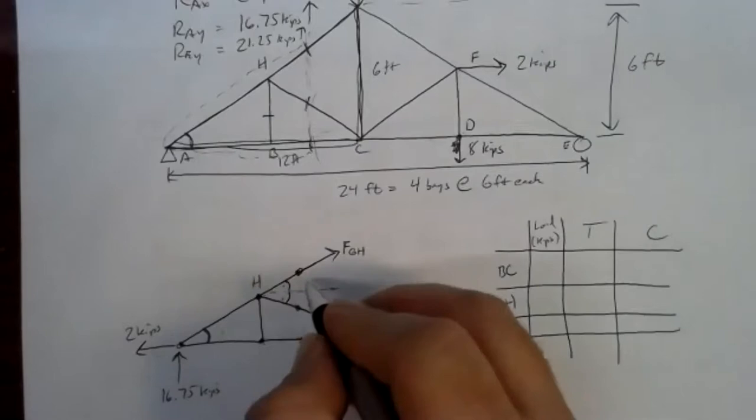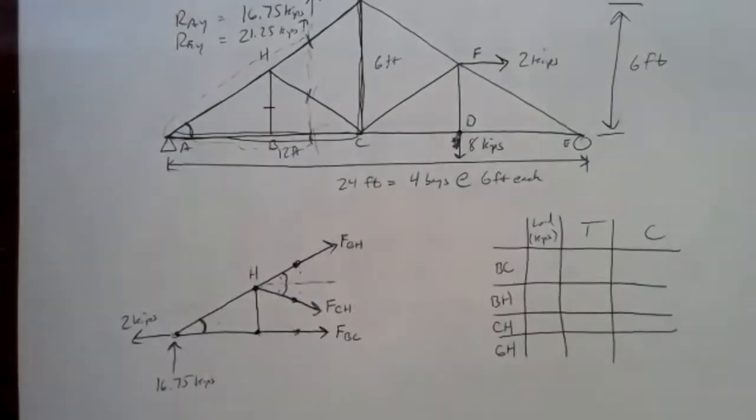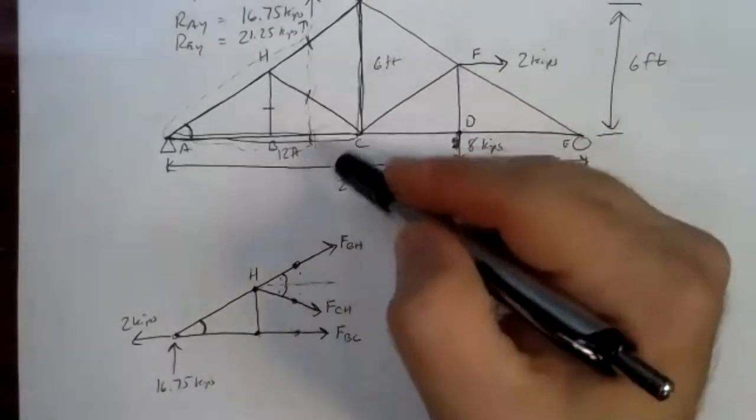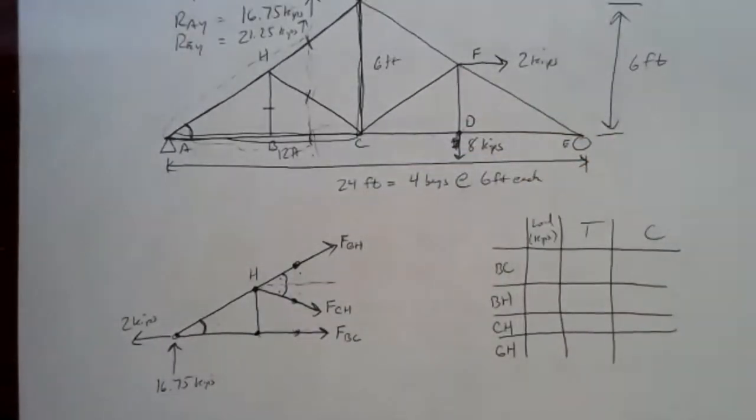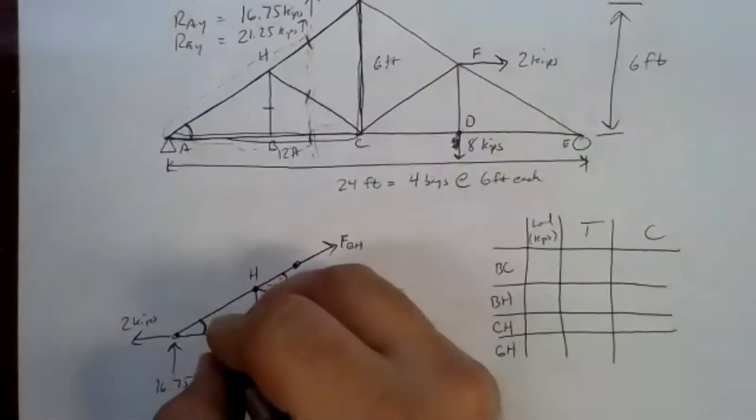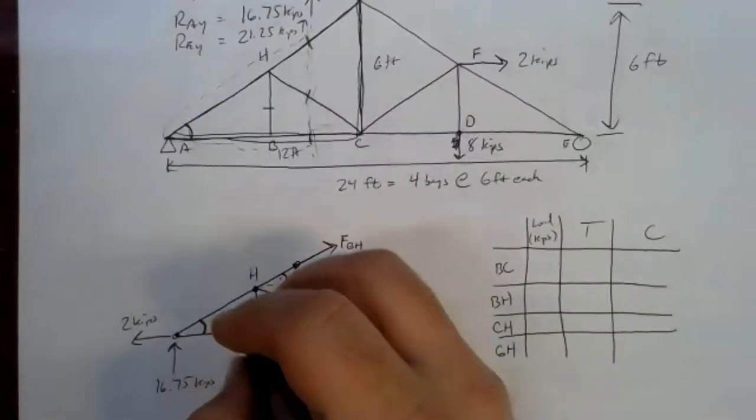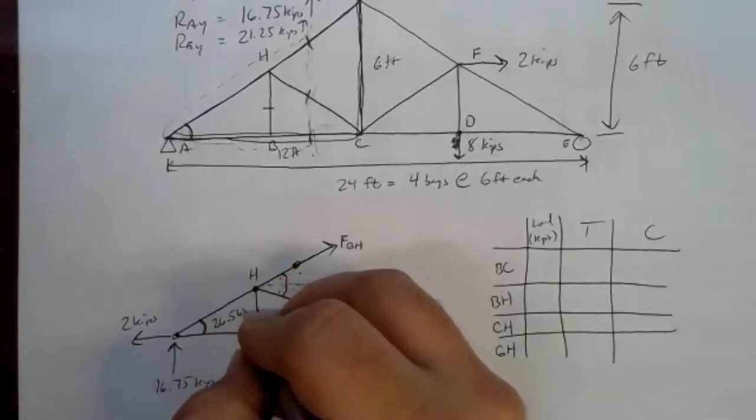So this angle, which would be the same as this angle and that angle, is going to be the inverse tangent of 6/12. So if we take our inverse tangent of 6/12, we get an angle of 26.565 degrees.